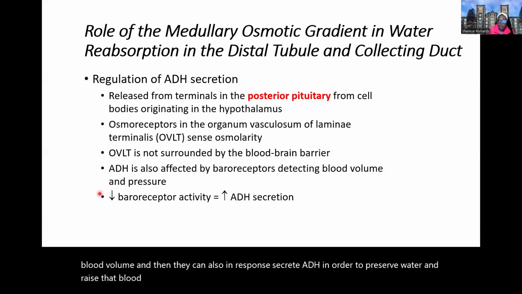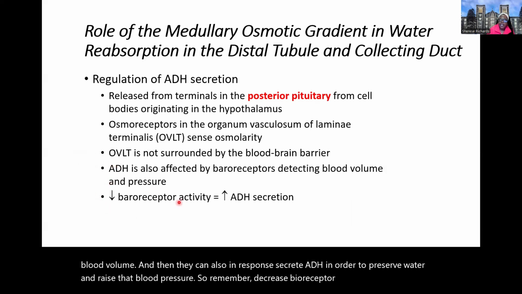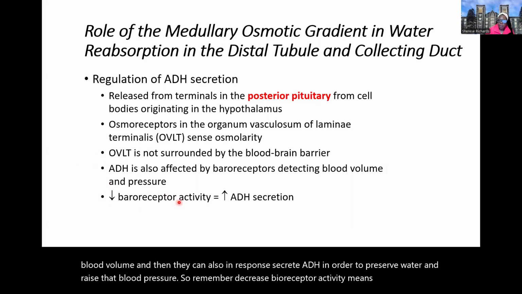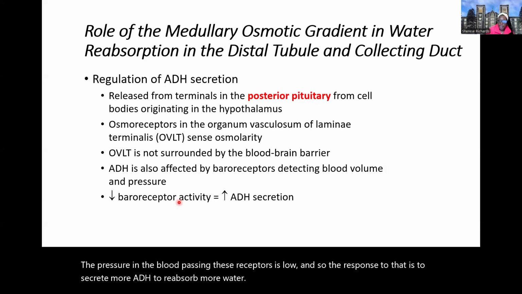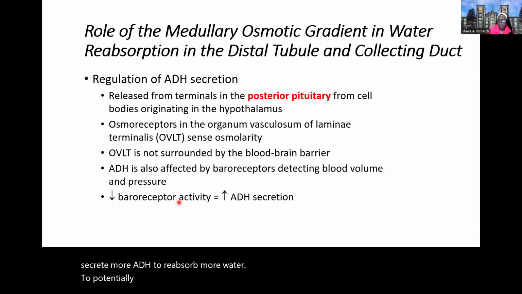So remember, decreased baroreceptor activity means that the pressure in the blood passing these receptors is low. And so the response to that is to secrete more ADH, to reabsorb more water, to potentially correct that mean arterial pressure drop, and then that can correct and restore the blood pressure and blood volume.